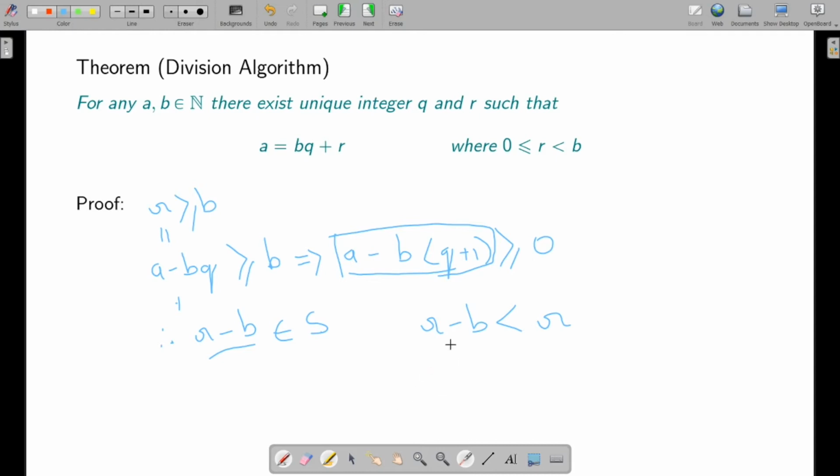But r is the least element of S. That's a contradiction. The least element of S has to be the smallest element that lies inside S, right? So this r is what you get by continuous subtraction till the smallest positive integer. That smallest positive integer that you get is r.